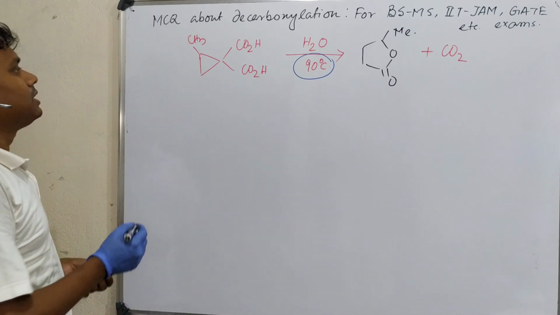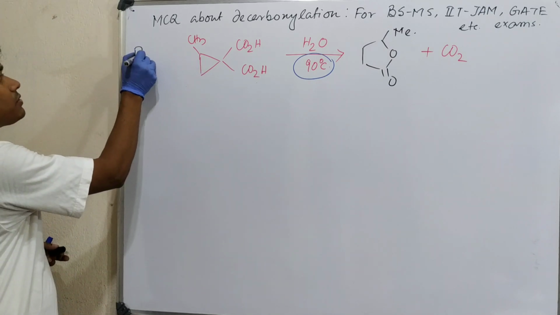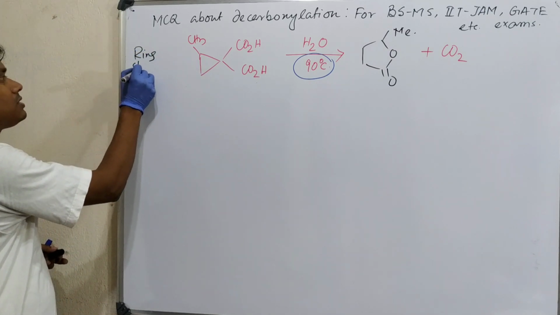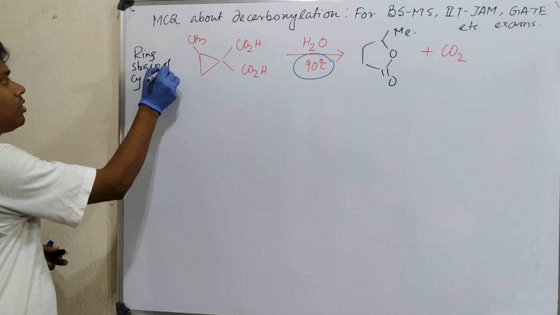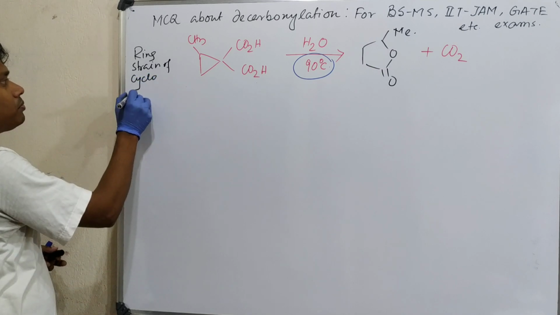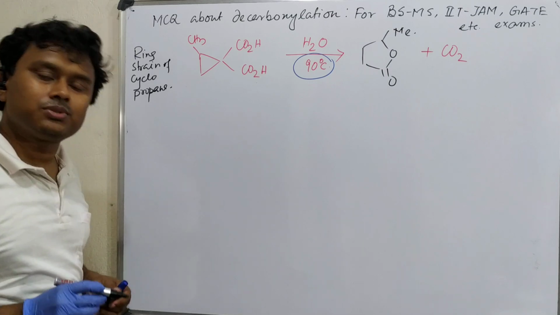Now let's explain. See, the main factor for ring opening is the ring strain of this cyclopropane. Keep it in mind. Now the question is how this reaction happens.